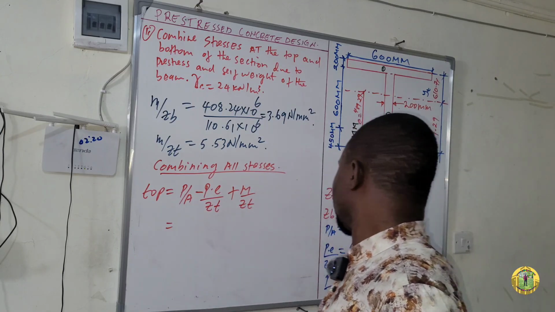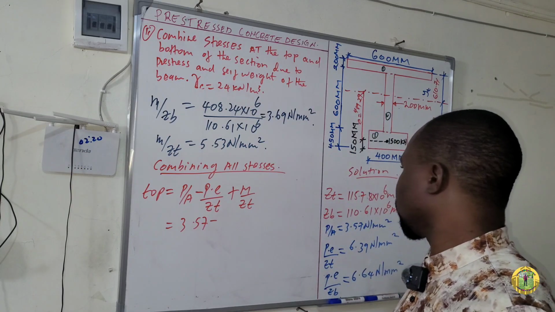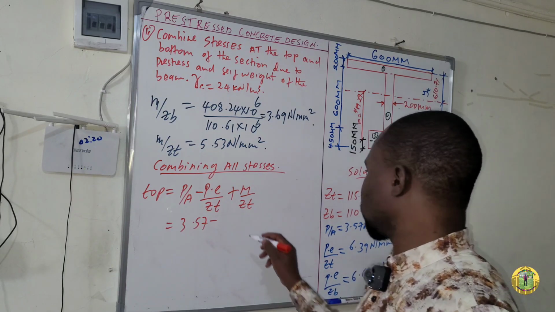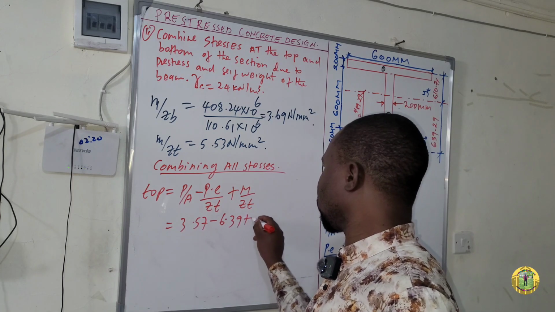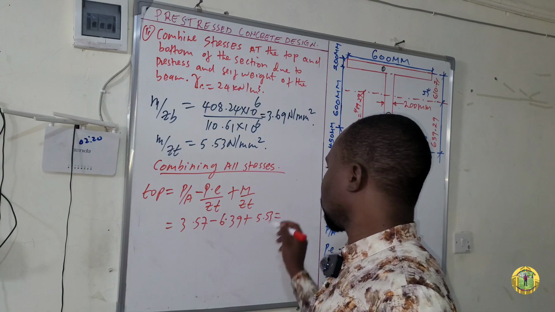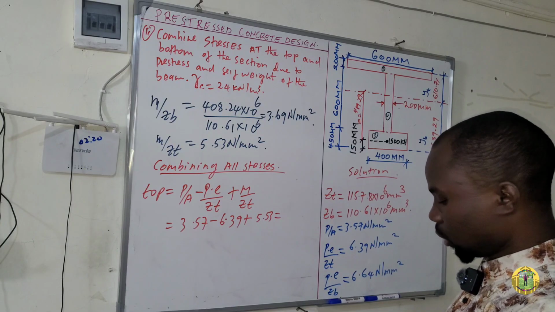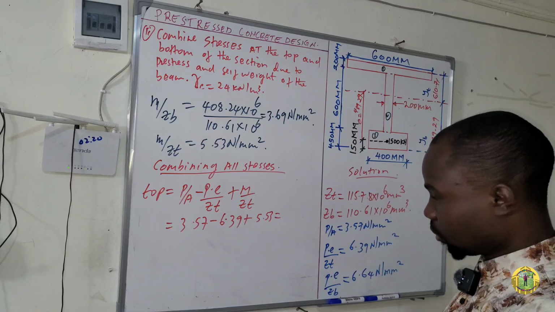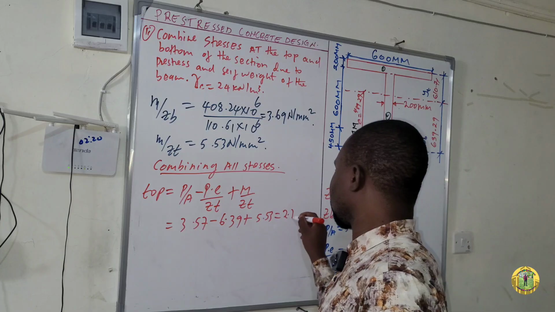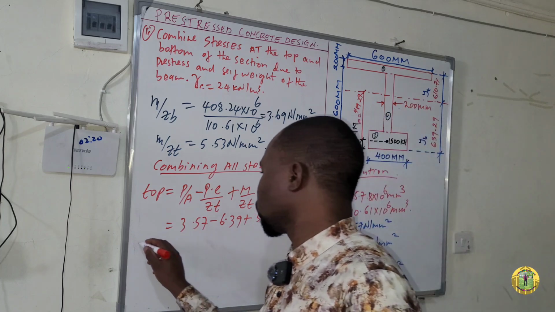So this is equal to 3.57 minus 6.39 plus 5.53, which is 2.71 Newton per millimeter square.